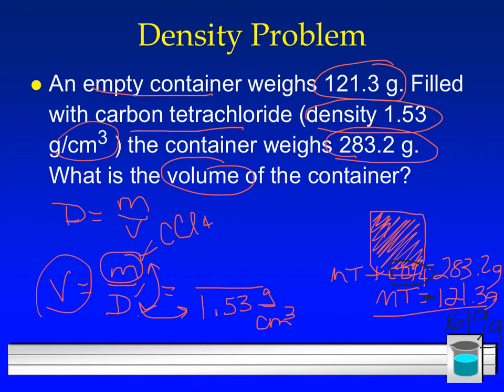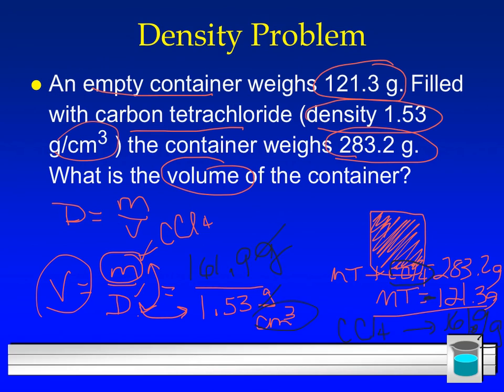There. 161.9 grams is the mass of the carbon tetrachloride. And I'm going to go ahead and put that in, 161.9 grams. And of course, units cancel, and I'm going to end up with units of cubic centimeters, which is a perfectly acceptable unit for volume.